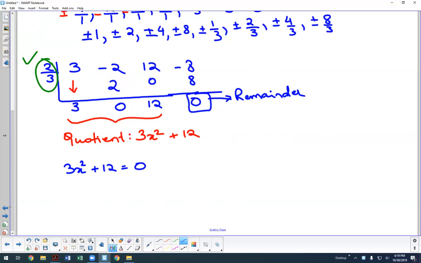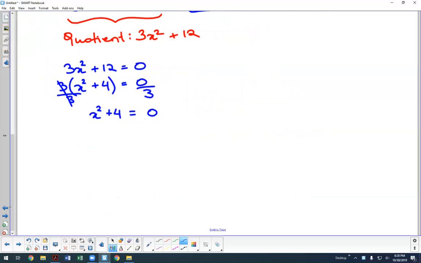Okay, so what will that give us? X squared plus 4. And then what can I do with the 3? You can just divide both sides by 3, which will actually help you get rid of it. Because these guys cancel out, leaving us with x squared plus 4, and then of course 0 divided by 3 is 0.